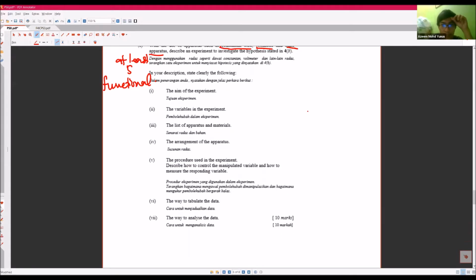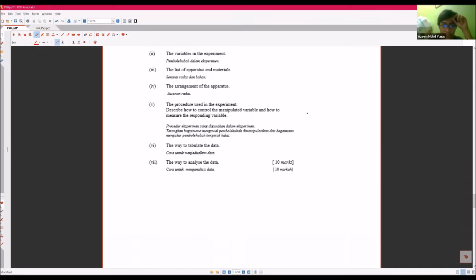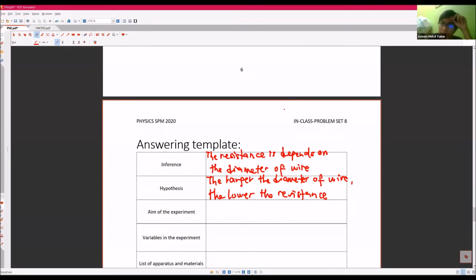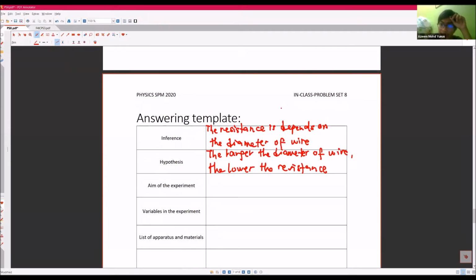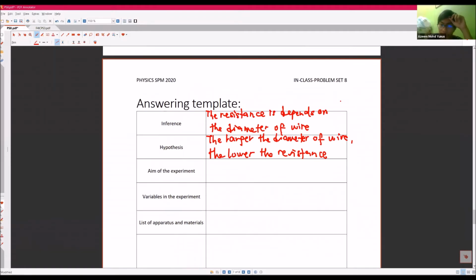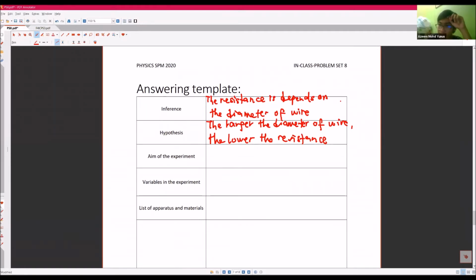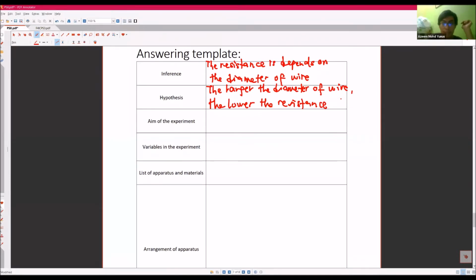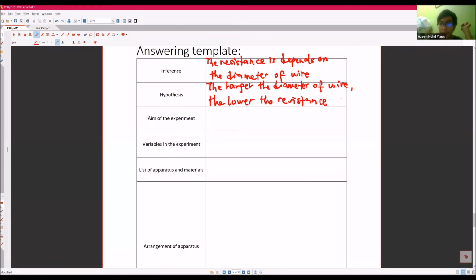So we are given constantan wire and voltmeter. Even though we already added enough, if the apparatus setup is not functional, it's also wrong here. So make sure that you know which apparatus is functional, which is vital for the experiment.